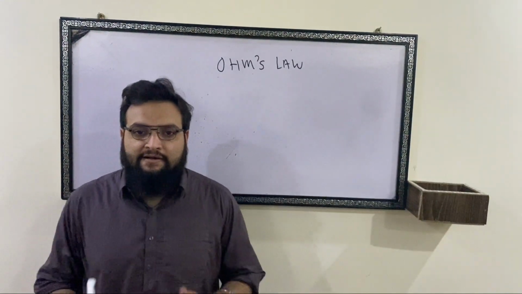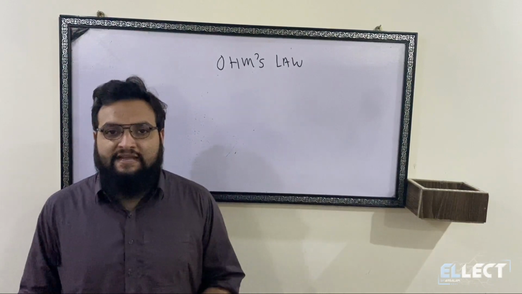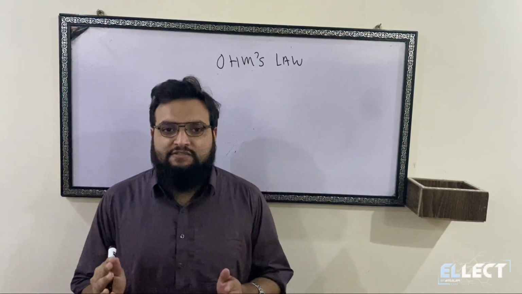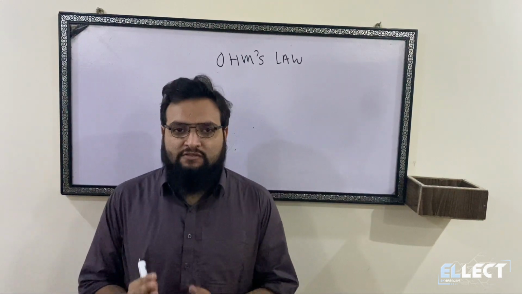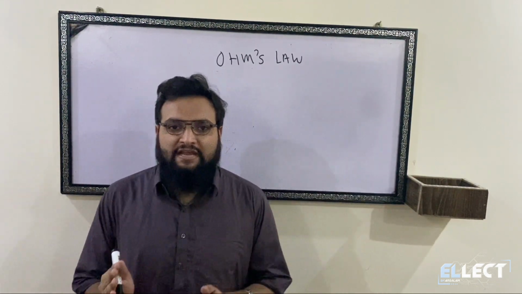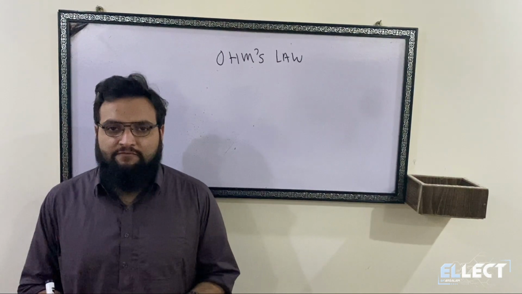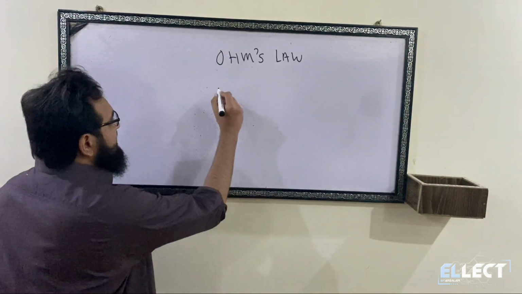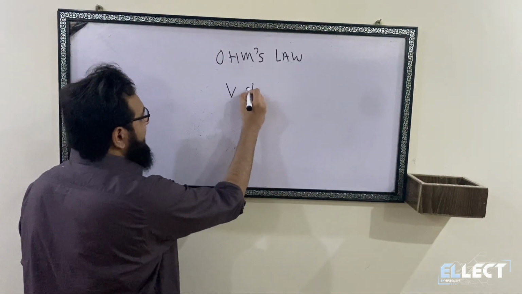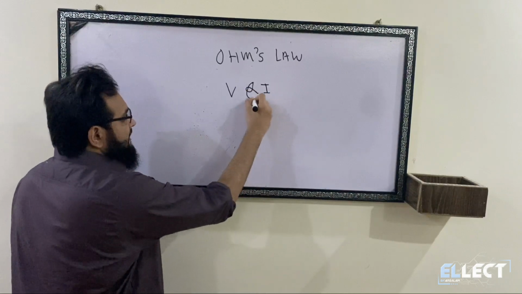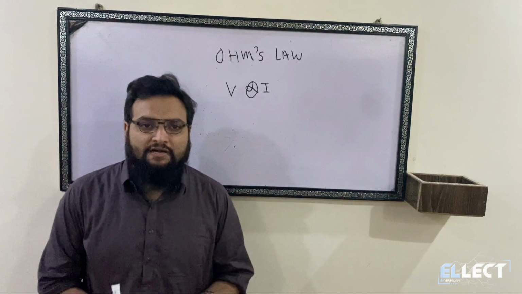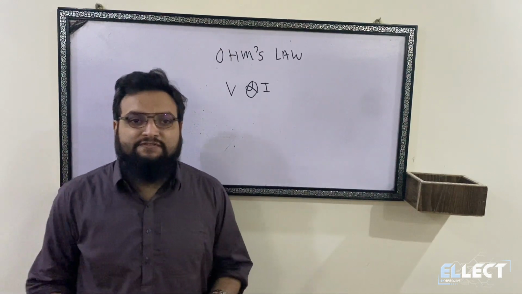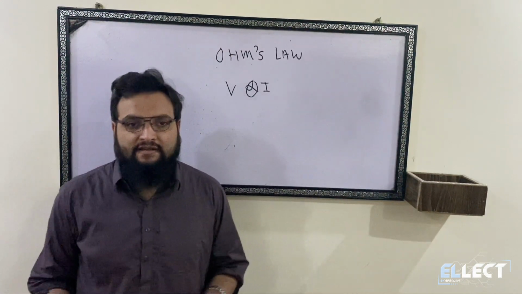Ohm's law states that voltage across an electric circuit is directly proportional to the current flow through the circuit. Voltage is represented by V and current is represented by I. If we want to remove the direction of proportionality, we have to insert some constant over here.